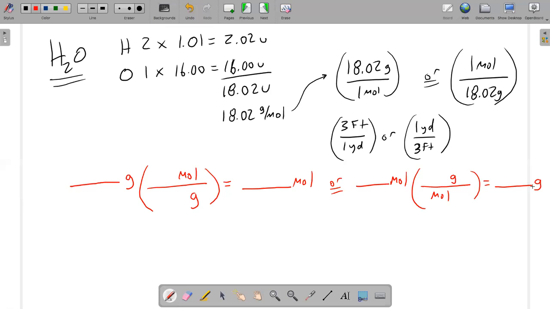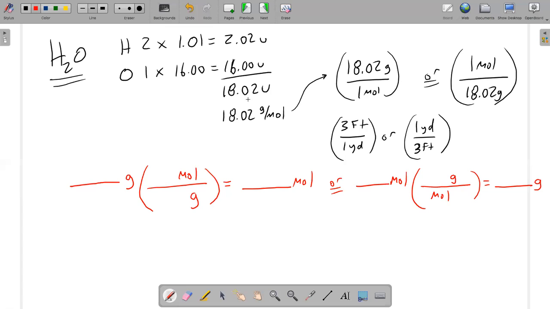So the 2 conversion factors are either the mass in grams over 1 mole, or moles over whatever the mass is in grams. And you just add up the masses for the compound just as it appears. If it's a single element, all you gotta do is look up the number on the periodic table. That's all you gotta do.